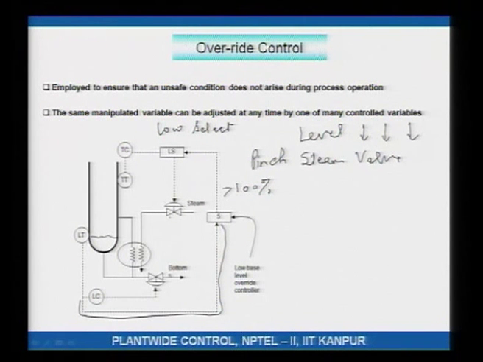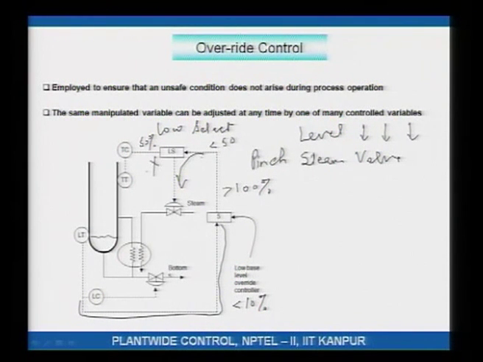So, for example, let us say temperature controller output is 50%. If the level goes below 10%, then this signal goes below 50%, and then the low select will pass this signal and this signal will not be passed.